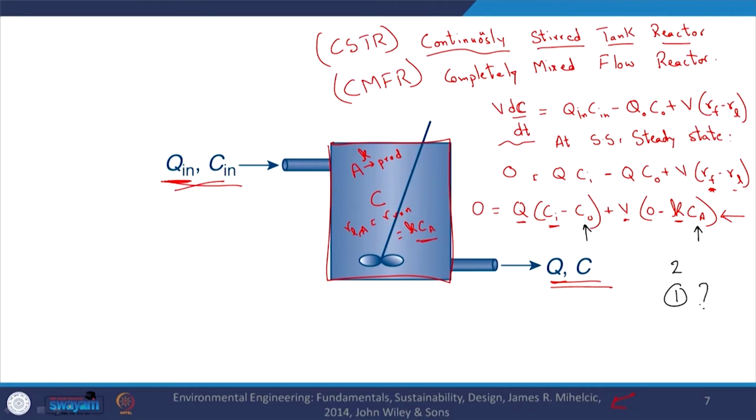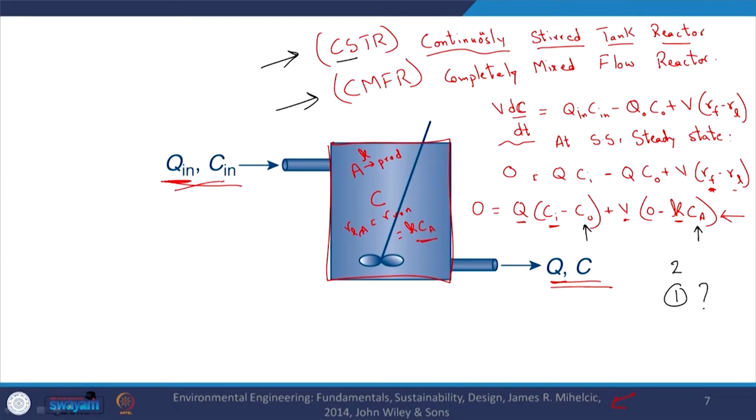So, how do I solve this? If you understand the system, it is continuously stirred, or completely mixed. So, the concentration of the compound within the system is always the same at all locations.